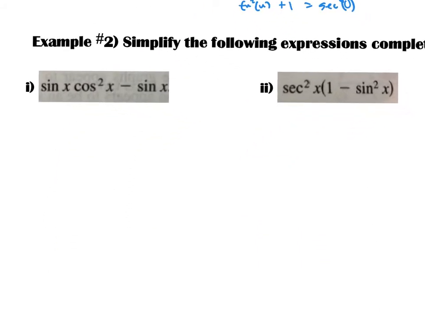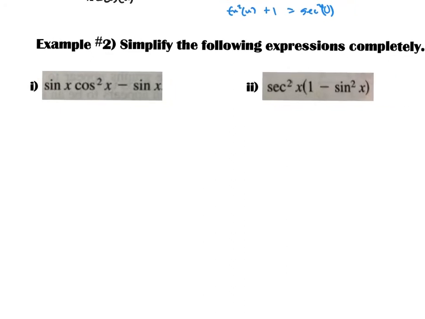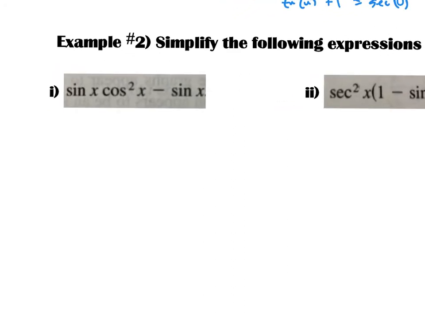All right, so example 2, simplify the following expressions completely. Let's work on the one over here. So first thing you can do is, what I notice is that I've got two terms. I've got this term right here, and I've got this term right here, and what they share is a sine of x. So I'm going to factor out a sine of x. That leaves cosine squared x minus 1.